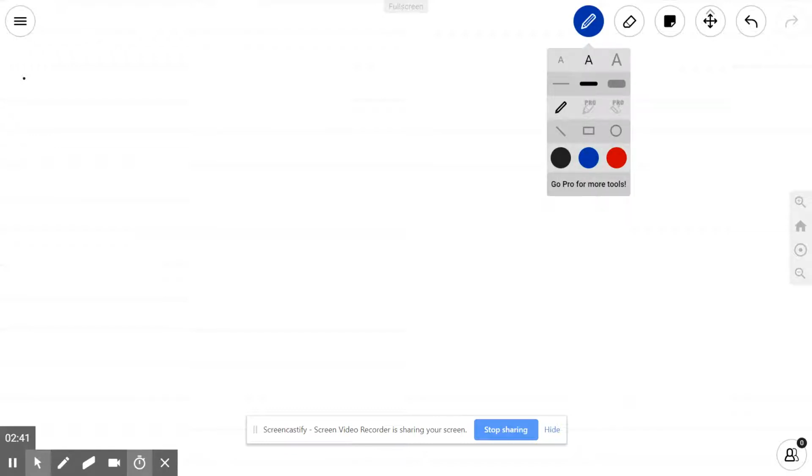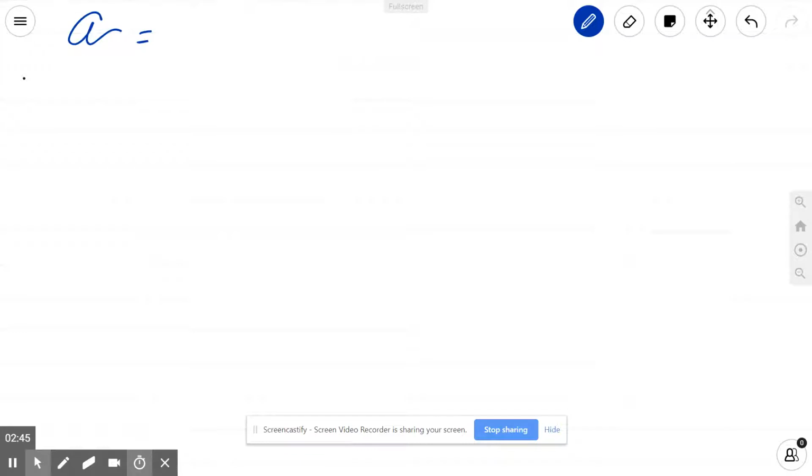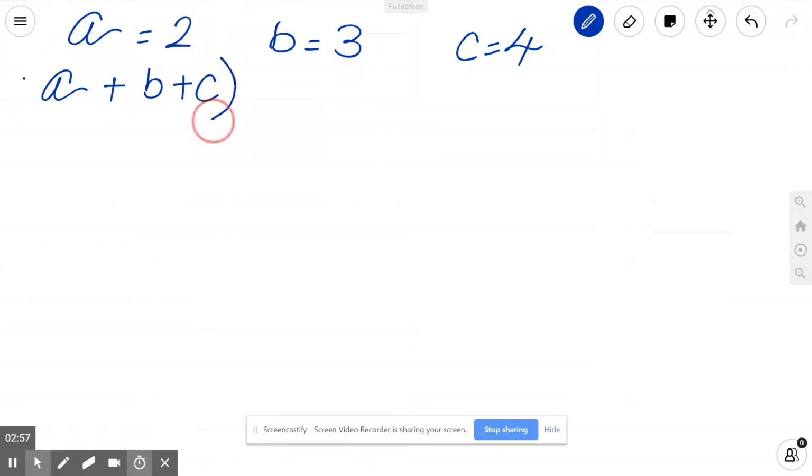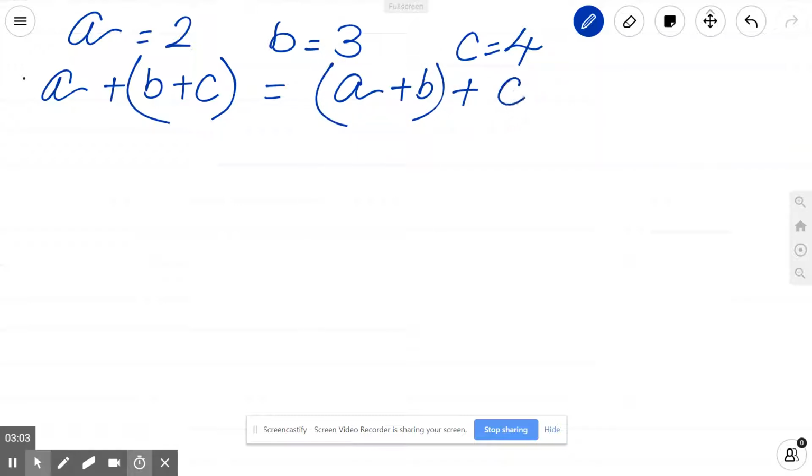All right, so now on this page, we are going to take a look at an example. Let me take a is 2, b is 3, and c is 4. Very simple examples to begin with. So our addition is going to be a plus b plus c, and let us check if this is even true or not. a plus b, and then c comes to be added later.